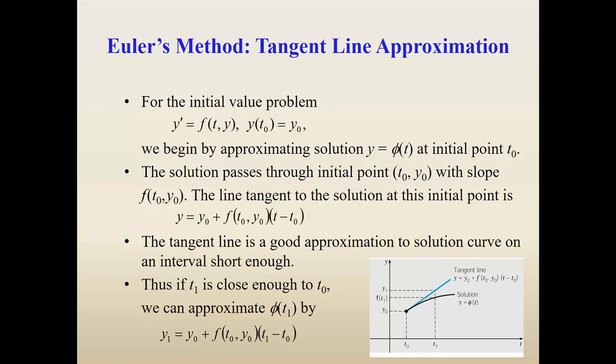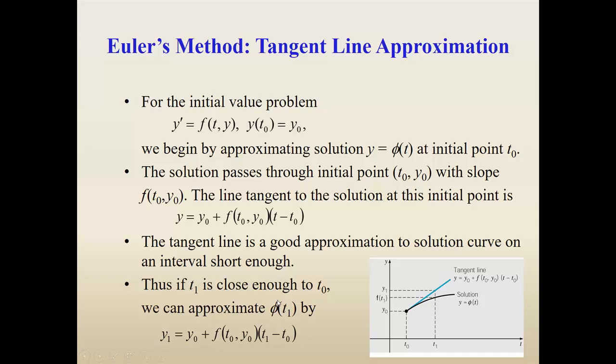So we make a tangent line. Remember, the definition of the tangent line is y is equal to y naught plus the slope times t minus t naught. Well, I know what the slope is at that point. I know what the y value is. I know what the t value is. So it depends, how far do you want to travel?